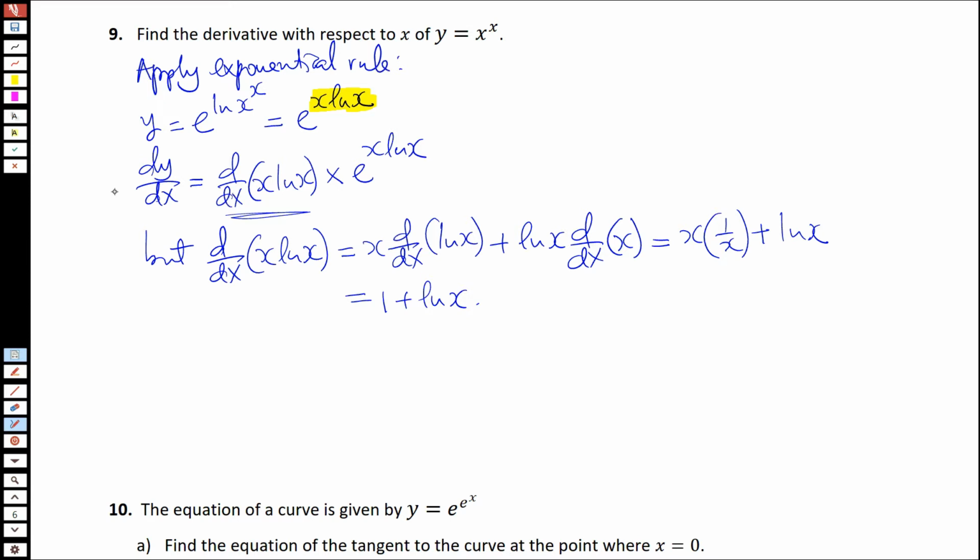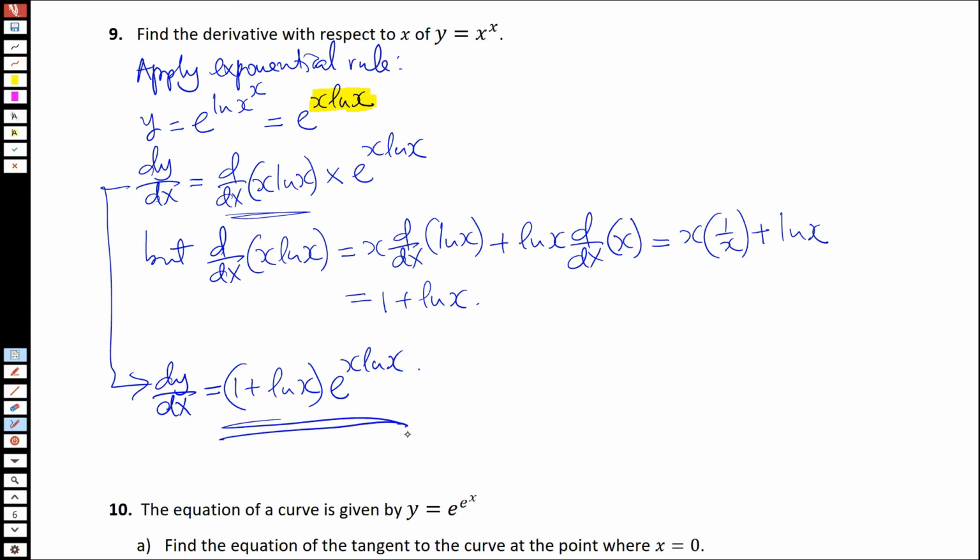So we can now rewrite the derivative of the original function in terms of the results that we have. Basically dy over dx will be equal to the derivative of x ln x, which is 1 plus ln x, multiplied by e to the power of x ln x, and that will be the final solution.